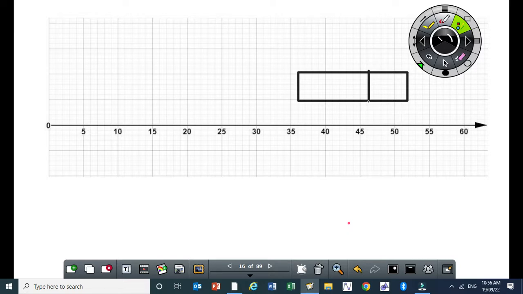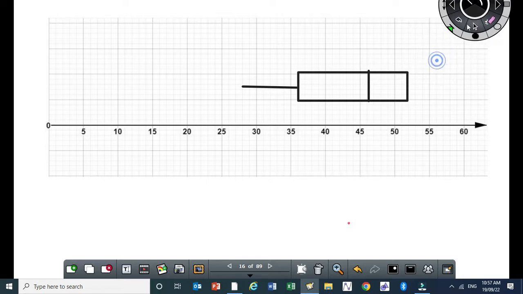Then my minimum is 28. Now 28 is somewhere here. And then the maximum is 58. So 58 somewhere there. Okay.